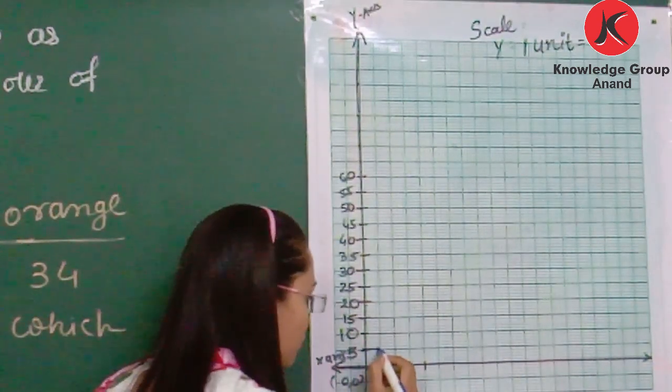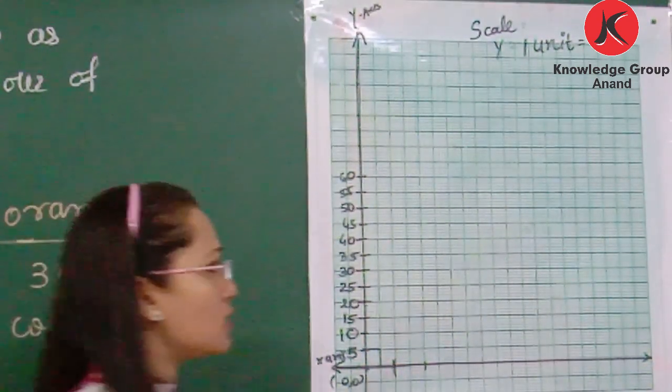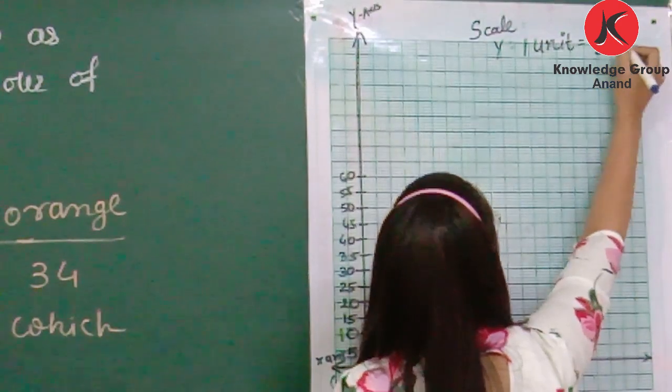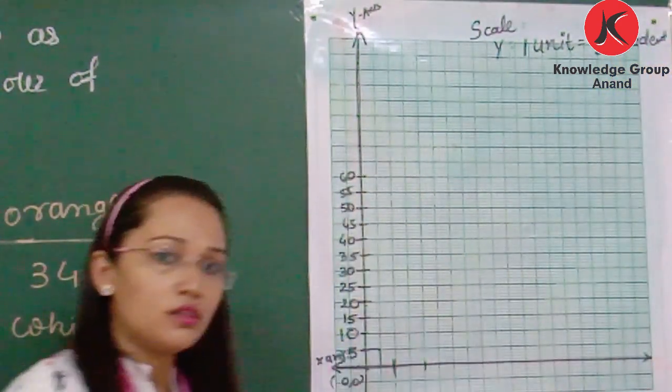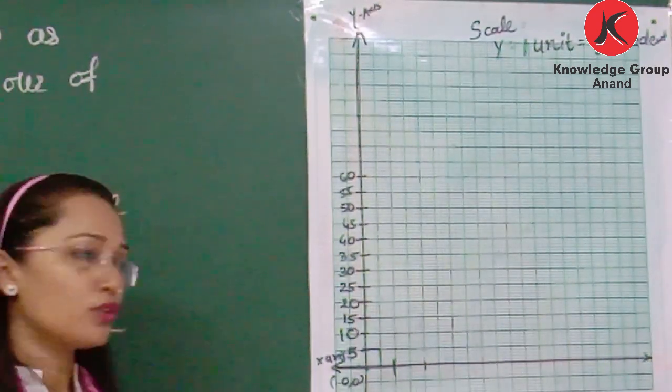Now, what is this scale? 1 unit is equal to 5 students. You can also select the unit 10 students. Okay, it is up to you.